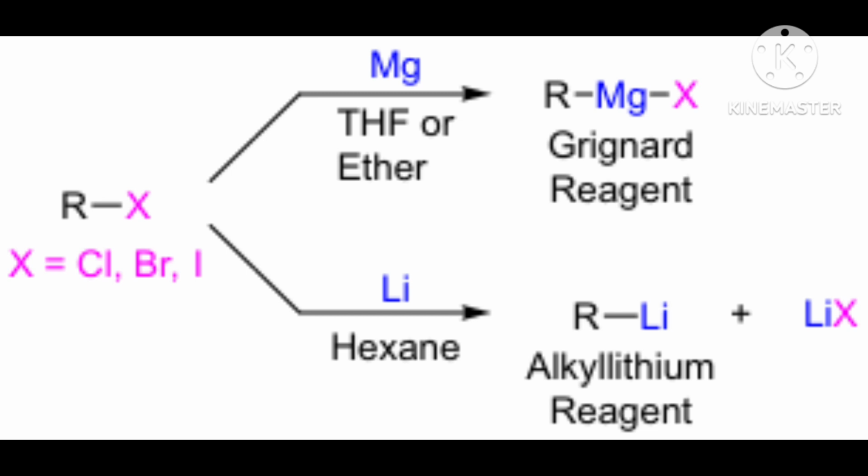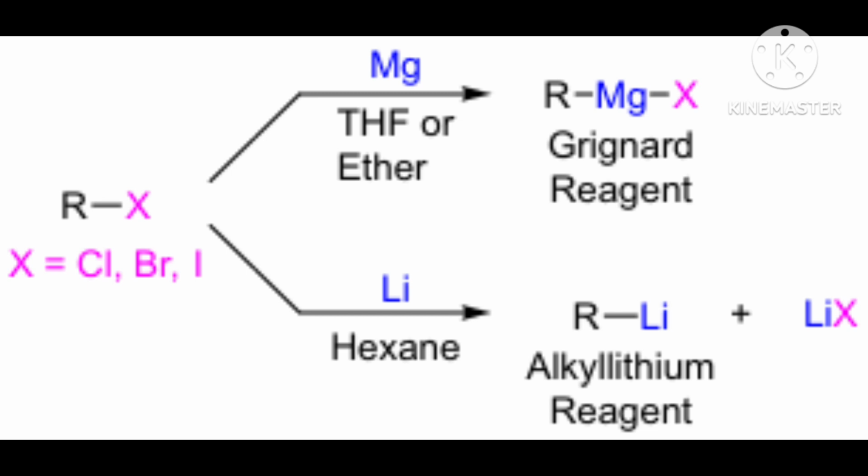And here bromine, you know, is the electronegative element. Now bromine is attached to ethyl bromide, but here the magnesiums are sufficient. Quickly it will give electron.